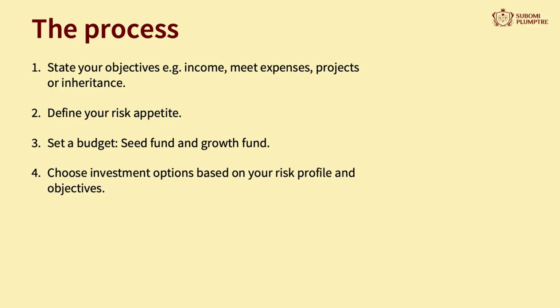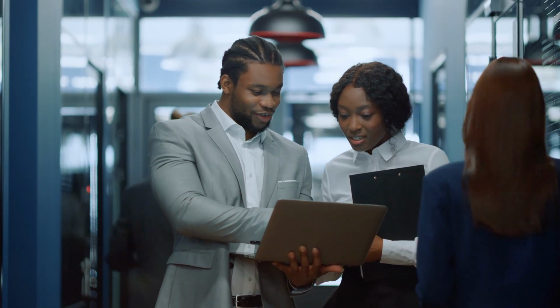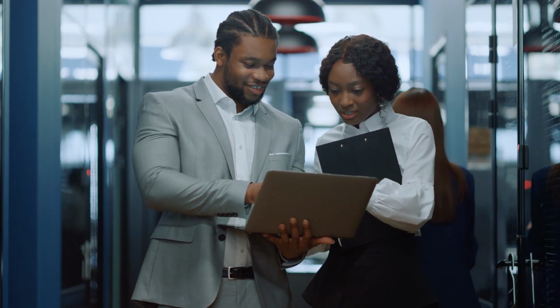And then choose your investment options based on the risk profile you've already stated and based on the objectives. For example, if you have a very low risk profile, you'll only be investing in government securities, government bonds, money market. If you have a medium risk profile, you may look at insurance because it has some, you may look at agriculture because it has some insurance backing.